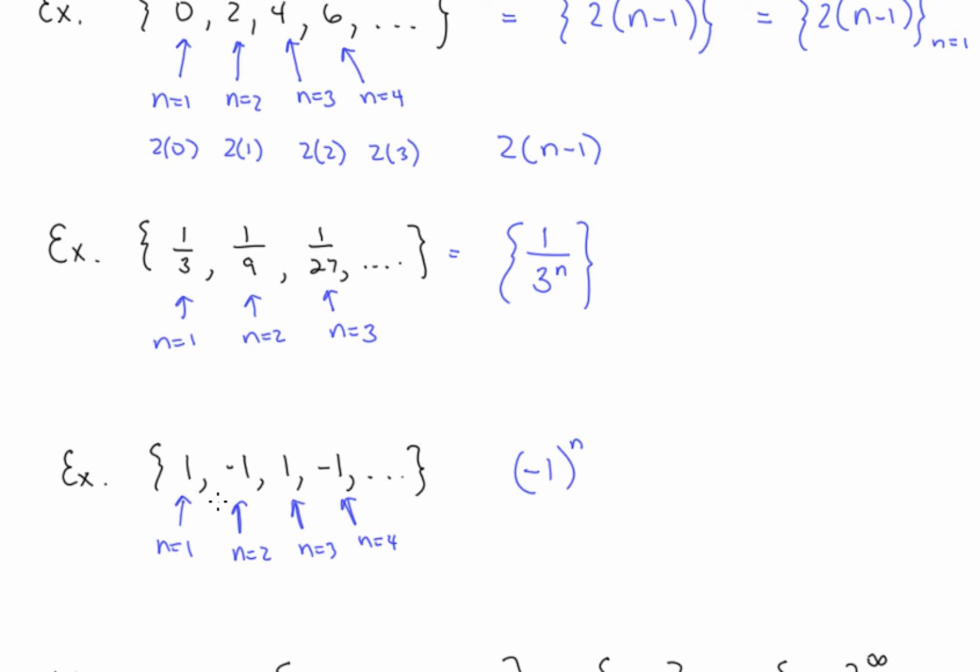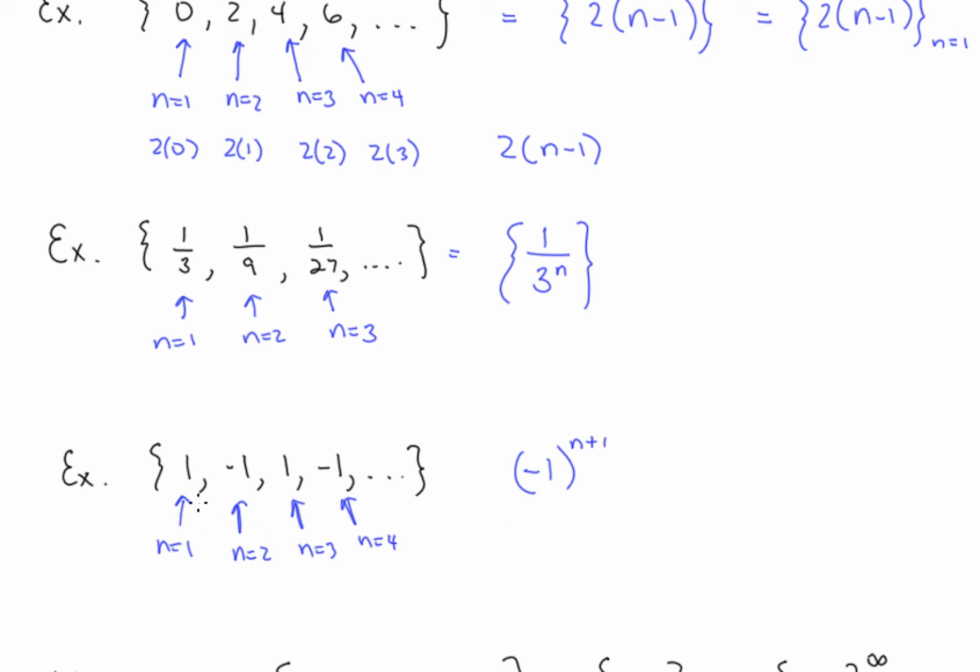But that's not exactly what we have here, because here we want an odd n value to give us +1, and an even n value to give us a -1. That means for an odd n value, we need an even exponent. So how about we just add a 1 here?